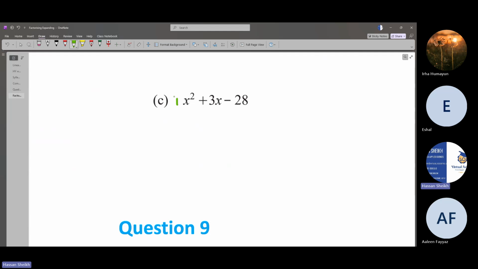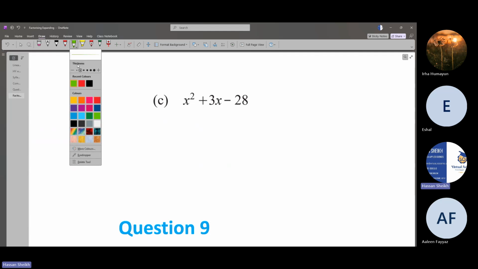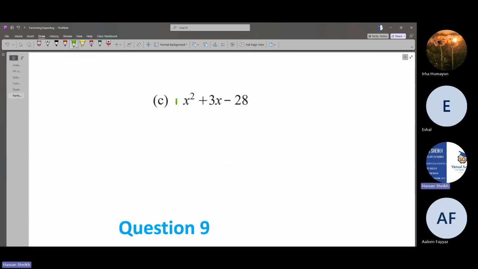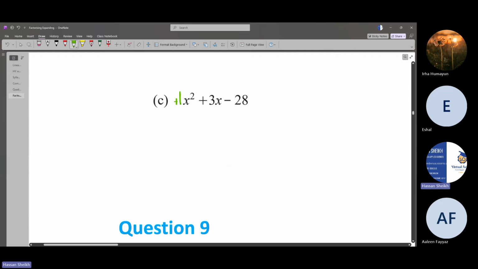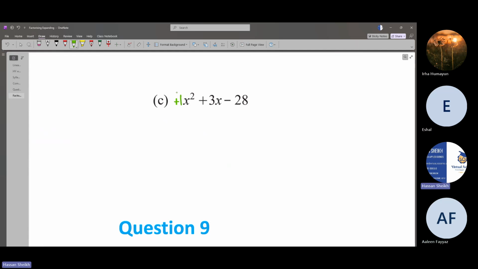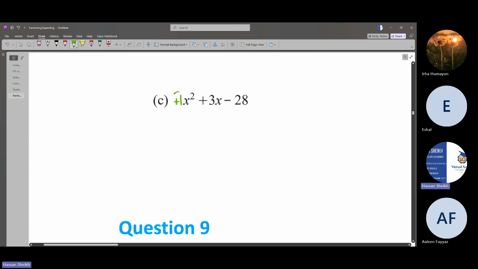Do you agree that the coefficient of x squared, when there is nothing, is 1? So the coefficient of x squared is plus 1 here. Yes. So we multiply this coefficient of x squared with the constant term.